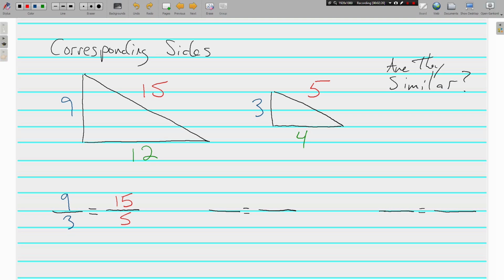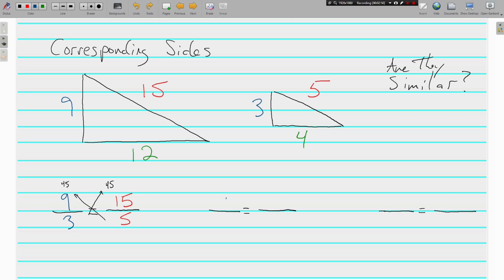There's 4 different ways we can see if these form a proportion. I'm going to use cross products. 3 times 15 is 45. 5 times 9 is 45. So okay, the blue sides and the red sides are proportional, but we have to check all of the sides.